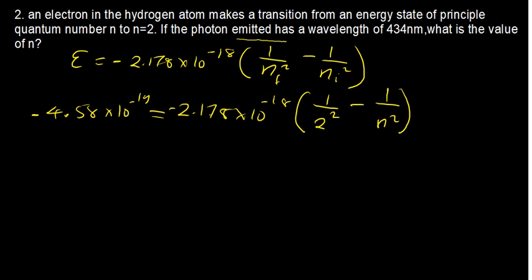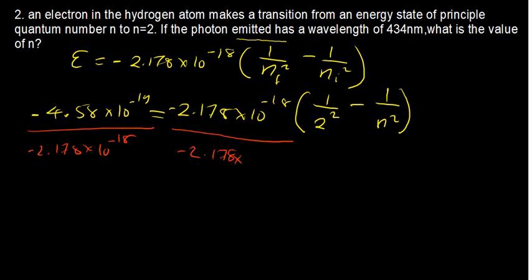Now we want to make sure that this part remains alone. So the first thing, let's divide both sides by negative 2.178 times 10 to the power negative 18. So what we are going to remain with is this, and this is going to cancel.